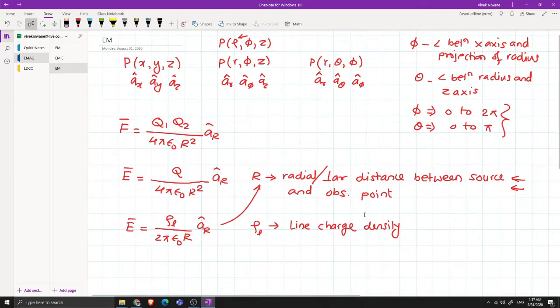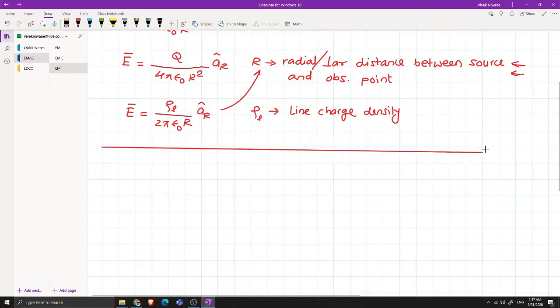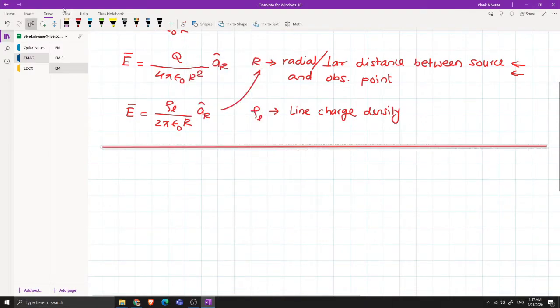Okay, now a very important thing: how to solve the numerical. What are the different steps to solve the numerical? Let us note down those steps. Steps to solve numerical.